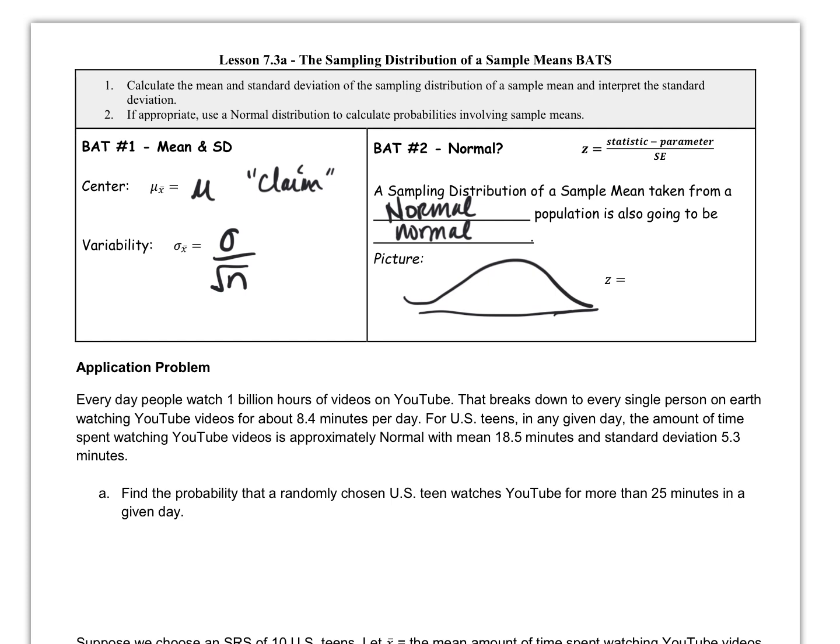Now we bring this up because when we did proportions, the only way we knew it was normal is if we did the large counts test without having to do every possible sample, right? So with means, the conversation shifts a little bit. How do we know if that distribution is going to be normal without doing all the work? Well, there's actually 3 things. The first one is this. If the population was normal, then we know the sampling distribution will be normal. All right, we'll deal with the other options tomorrow.